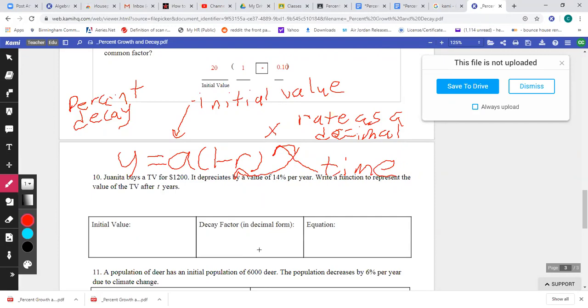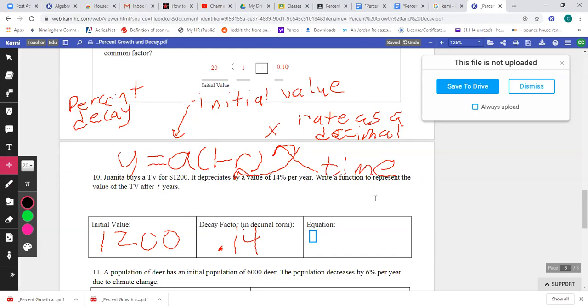So it depreciates by 14% per year, so now you know it's percent decay, and we're going to use subtraction. My initial value here is 1,200. The decay factor is 0.14. So my equation is y is equal to 1,200 times (1 minus 0.14) to the x.